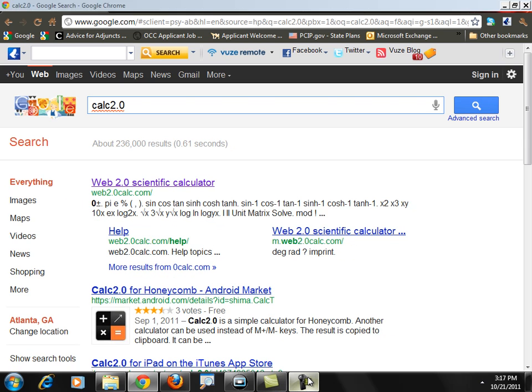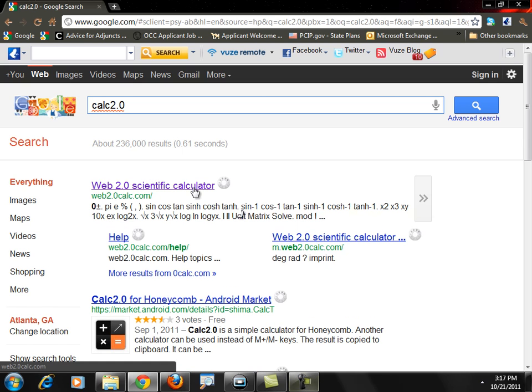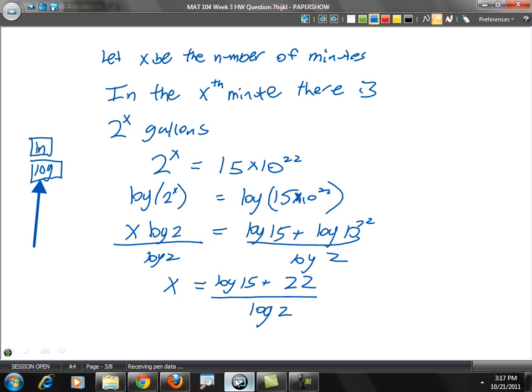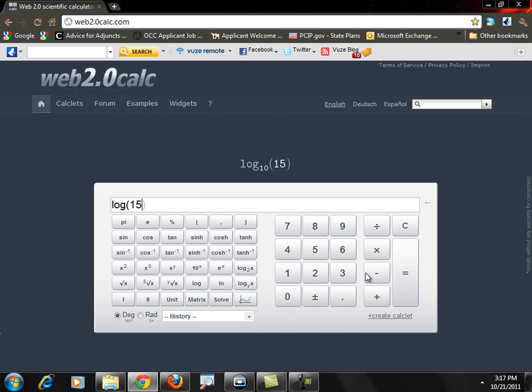Okay, yeah, let's enter this answer real quick. So the answer that we're looking for is log 15 plus 22 divided by log 2. So we'll just enter it here, log 15, and then we're adding 22. And we're dividing that by log 2, right?